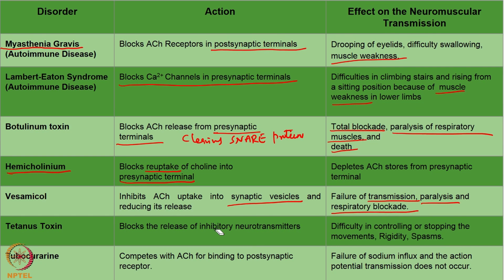The effect of acetylcholine is excitatory on the postsynaptic terminal, on the muscle, until a hyperpolarization or an inhibitory neurotransmitter, basically GABA or others, arrives, and there will be some activity in the muscle, right. Tetanospasmin blocks the release of these inhibitory neurotransmitters, leading to spasm, unwanted movements, rigidity, and difficulty in stopping the movements.